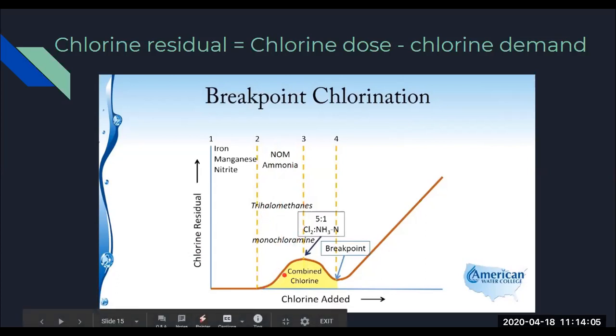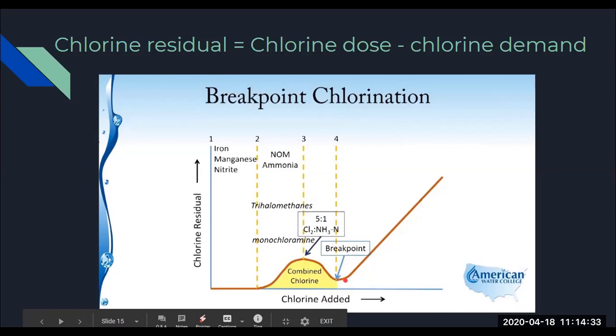So here we have our residual starting to go up, but you notice it goes up and then comes back down. It comes back down because the free chlorine starts to react with some of the byproducts of chlorination and breaks them down. And so our residual takes a hit here.